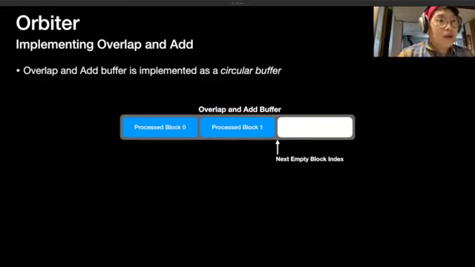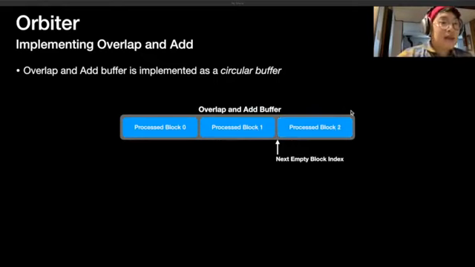So the overlap and add buffer in theory would be infinite in length, or at least the size of your audio file. But practically speaking, that's not exactly doable. And so the overlap and add buffer is implemented as a circular buffer. What happens here is we have process block 0 and 1. Once we process our next block, that gets added into the overlap and add buffer.